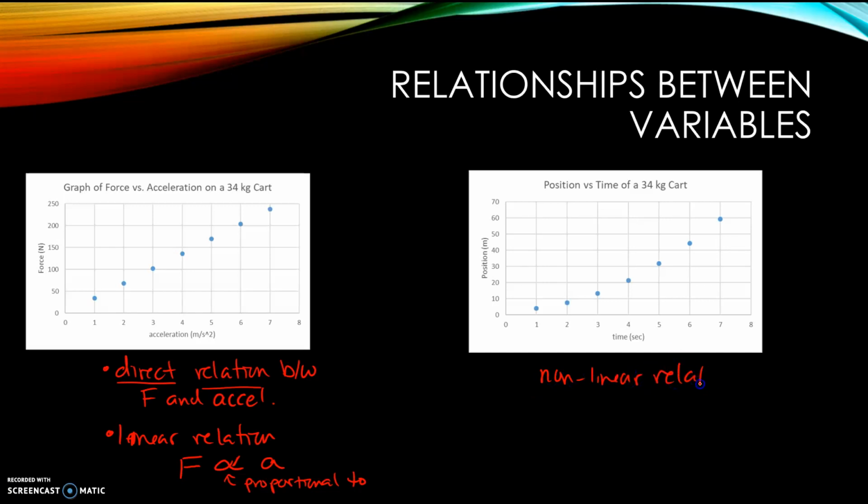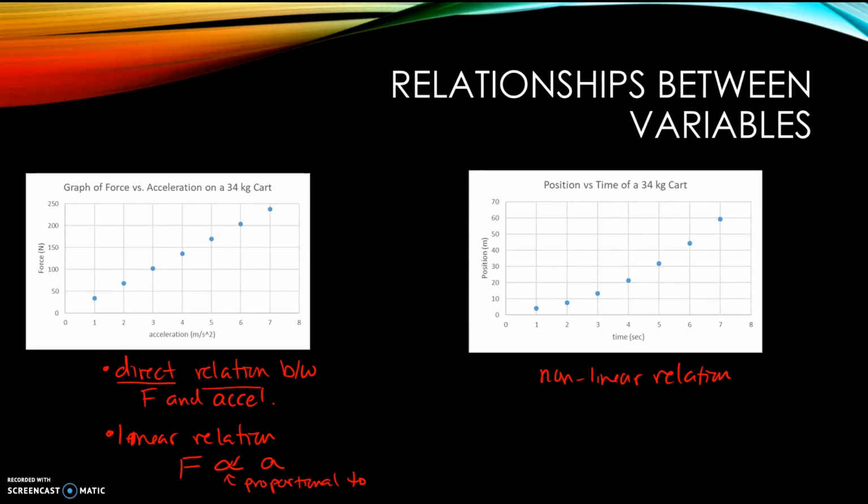And actually, there's lots of mathematical equations that make curves that go up. Pretty much any what's called a polynomial, so like x squared or x cubed or x to the fourth, you can arrange it so it kind of curves up.